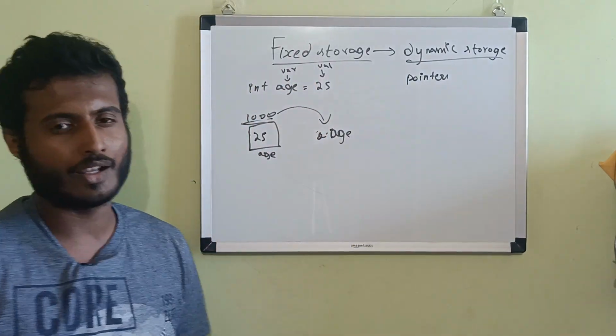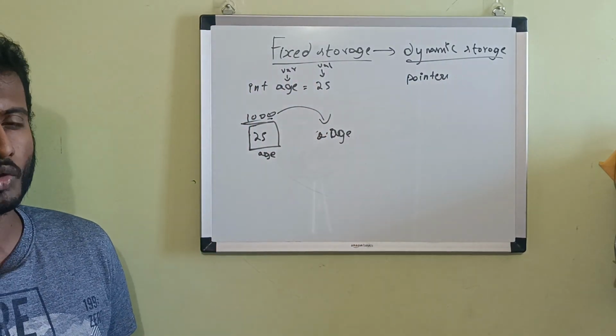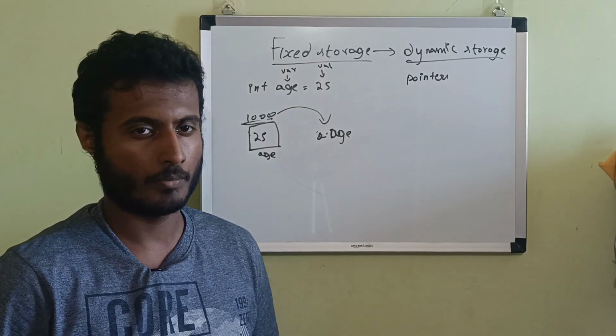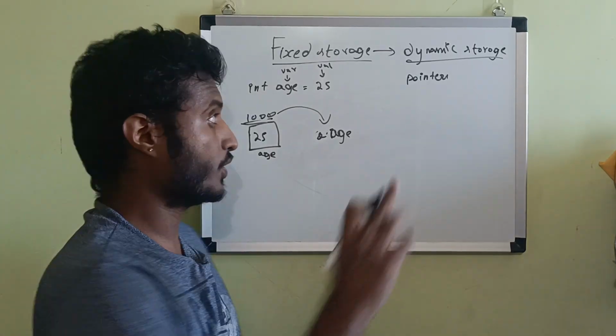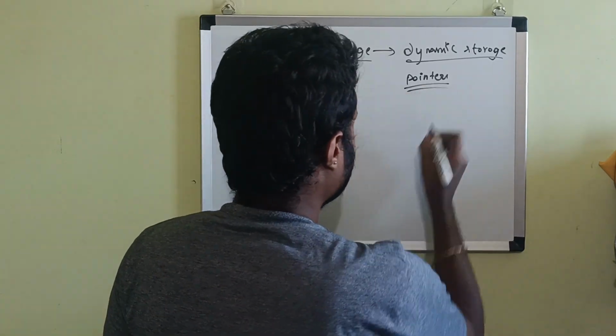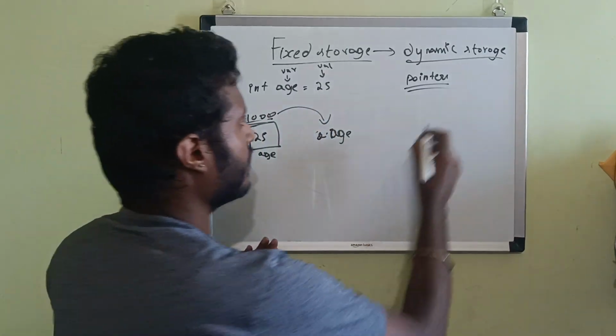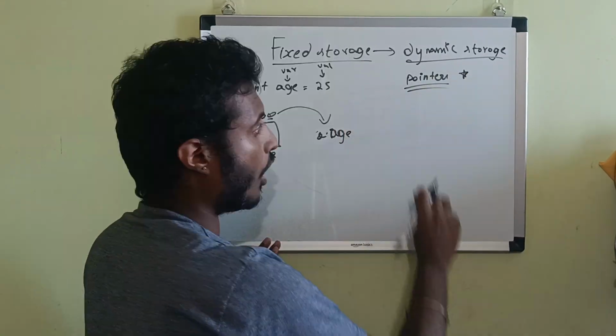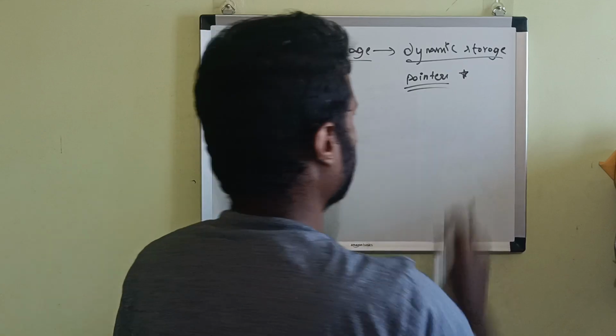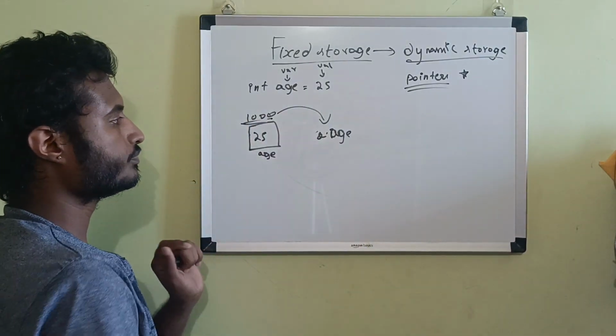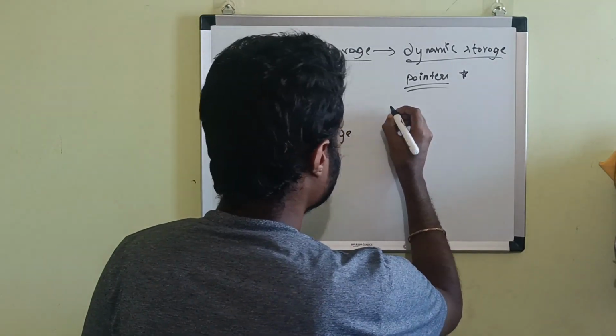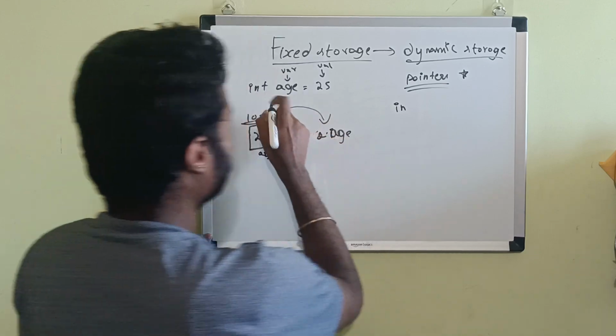Knowing the address doesn't give you power, but going there is different. That's what pointers do. How to denote this? We use the star. For example, this is there.